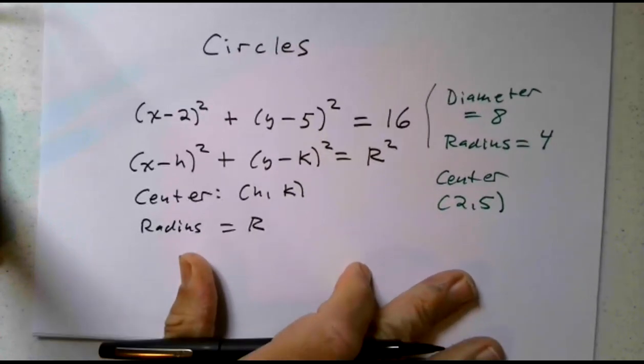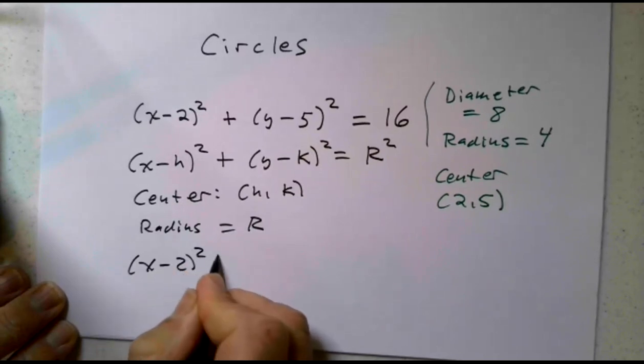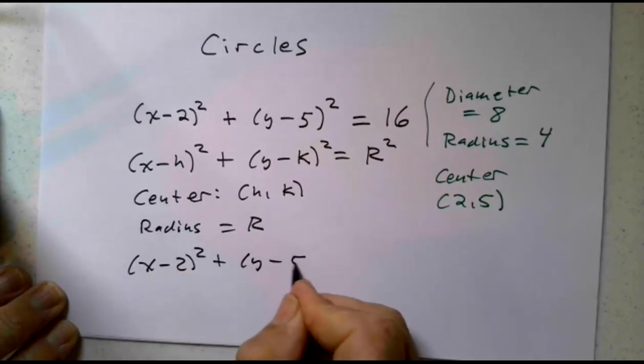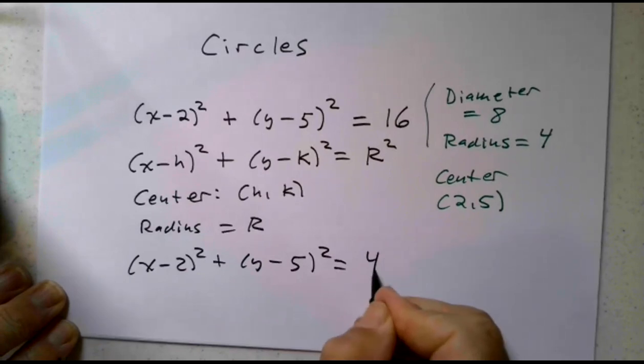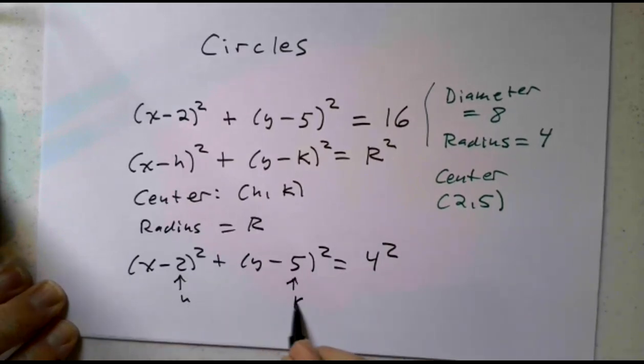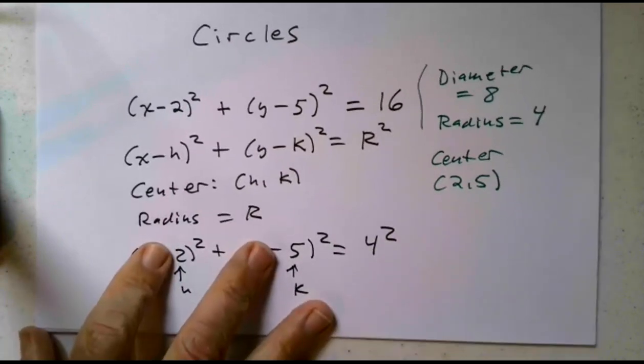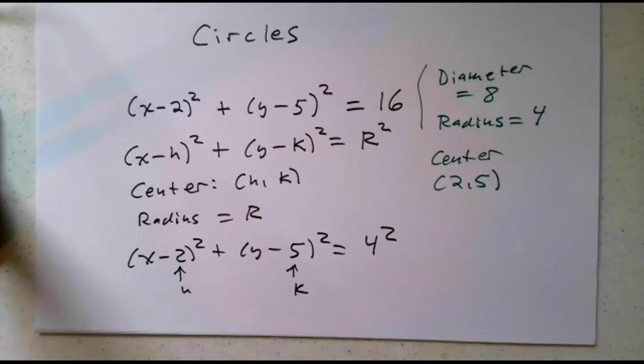So in our example, we can rewrite this as x minus 2 squared, fine, plus y minus 5 squared is 16, which is 4 squared again. H here, k there, and the 4 part is r. So if we know the center and if we know the radius, we should be able to graph that circle.